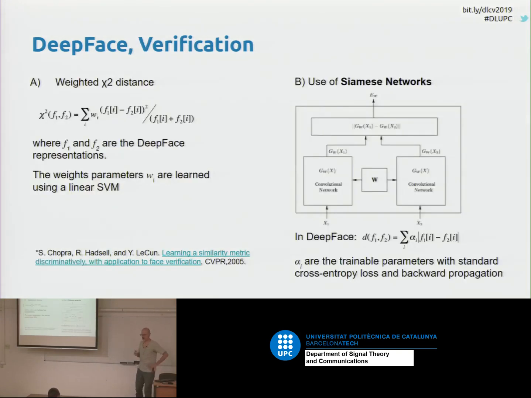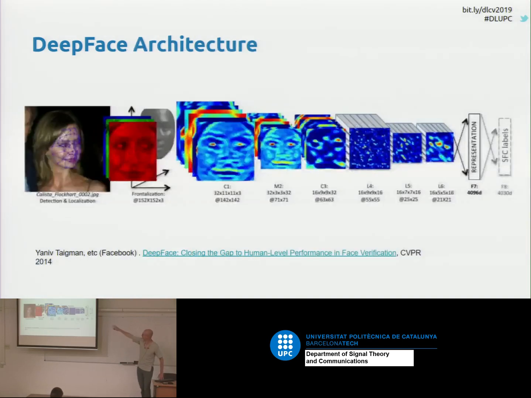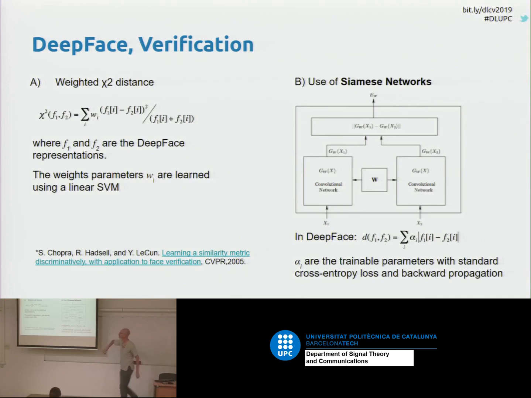In this work, they use a convolutional neural network for feature extraction, and then for verification, they tried two different approaches. The first one was to use a weighted chi-square distance between features. In verification, you try to decide if two images come from the same person or not.